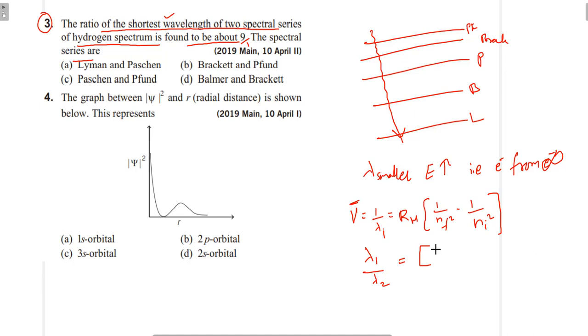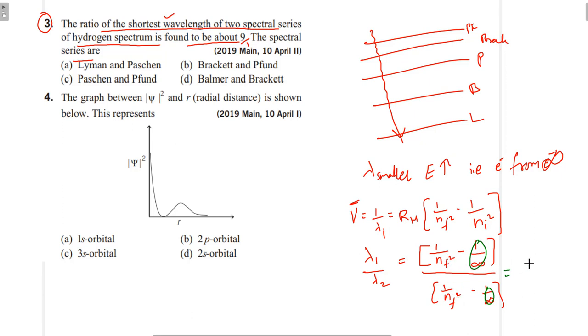For lambda 1, 1 by n final square, we don't know n final, minus 1 by infinity, since the electron is coming from infinity. Next below again 1 by n final square minus 1 by infinity. So this step is clear, applied 2 times. Now what is 1 by infinity? This is the zero term, this is also 0.